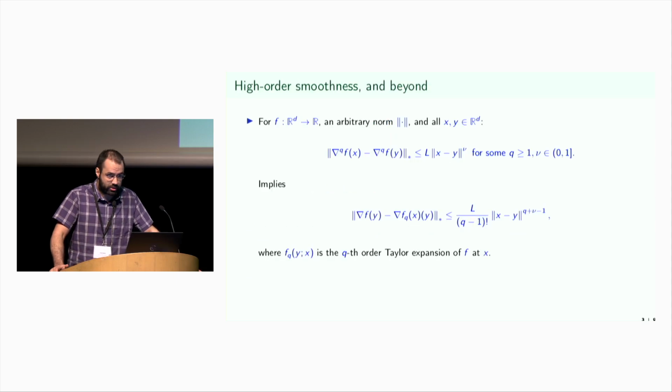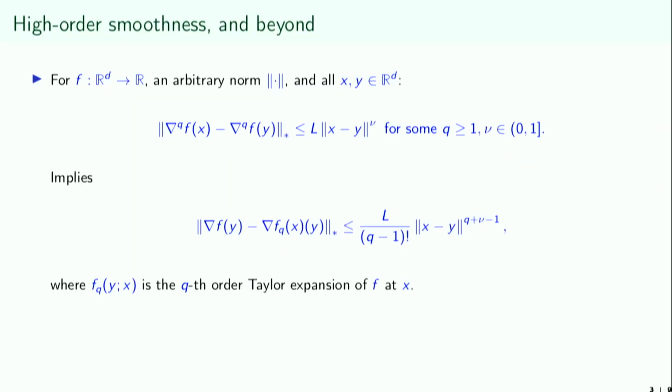So in this work, we're interested in solving convex problems that satisfy that some high-order derivative is Holder continuous, but with respect to an arbitrary norm. In particular, this first condition is going to imply that the gradient of our function at some point y is close to the gradient of the qth order Taylor approximation at some point x by an amount that depends on the distance between x and y.